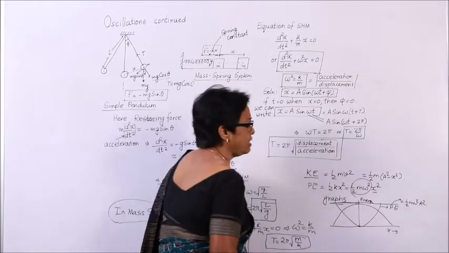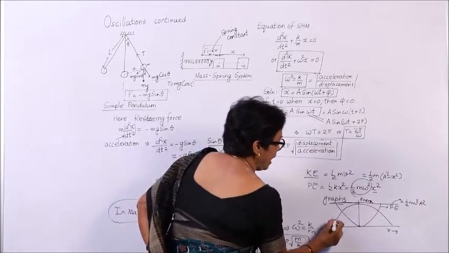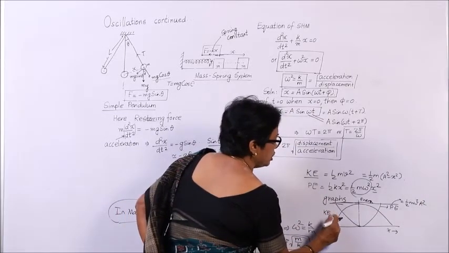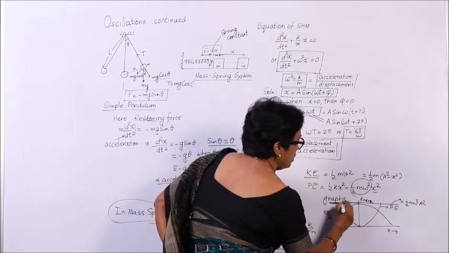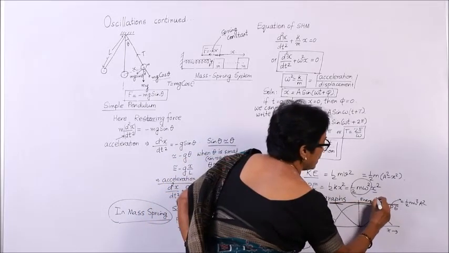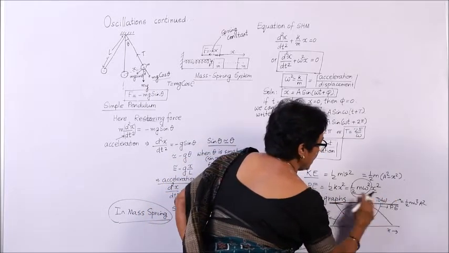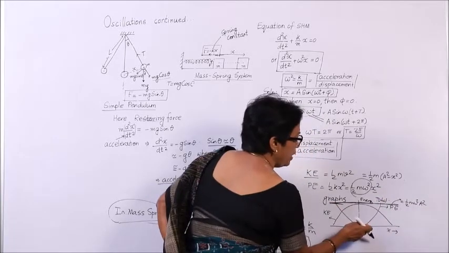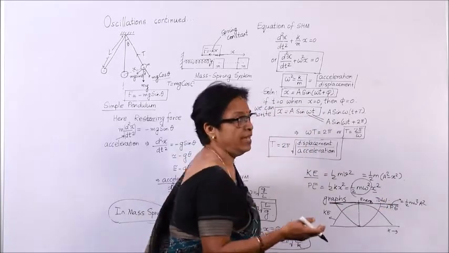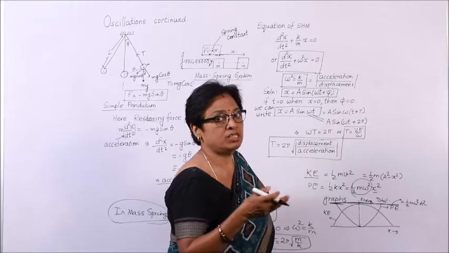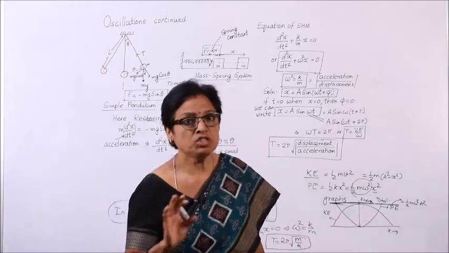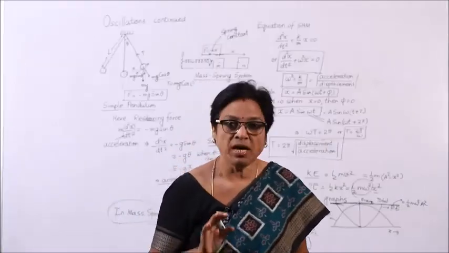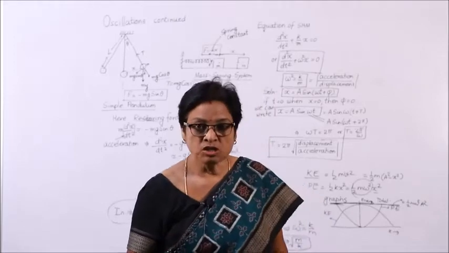This we did in the last class. You should draw the graphs of this kinetic energy and potential energy and the total energy graph. Total energy remains constant wherever the particle is. Wherever x is, total energy will be constant.